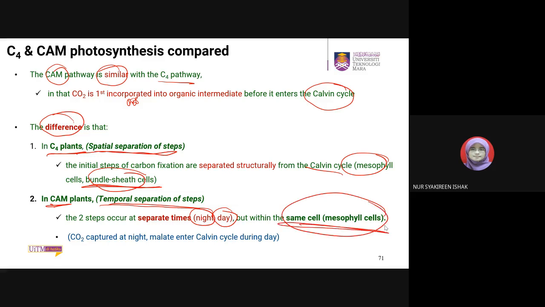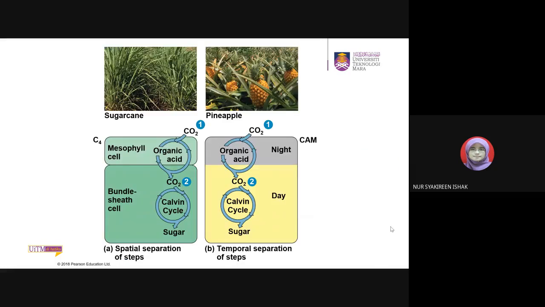Okay, so the last diagram here adalah gambar nak menunjukkan perbezaan antara C4 dengan CAM. C4 melibatkan dua sel, mesophyll dan bundle sheath cell. Kalau CAM melibatkan hanya satu sel, mesophyll cell, tapi perbezaan dia dari segi masa. Malam first carbon fixation, siang Calvin cycle.